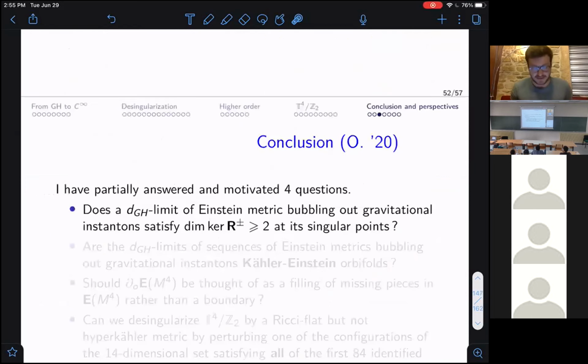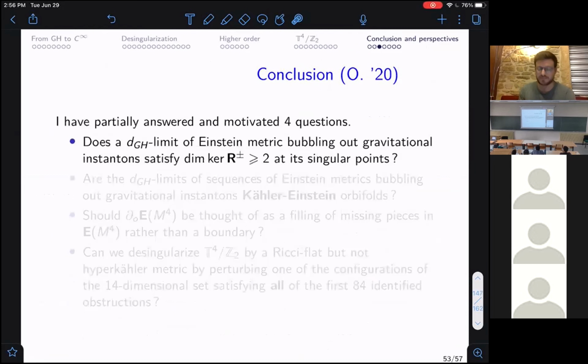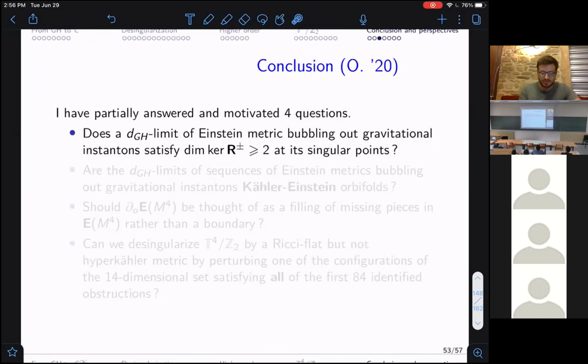Then last year in December, I proved these results of higher order obstructions. And this motivates questions rather than it answers completely some questions. The first one is, do we have this second order obstruction for any Einstein metric desingularized by gravitational instantons? I proved it under technical assumptions with Eguchi-Hanson. With other gravitational instantons, it's not so different, but there is some difference. That's the first question, probably doable.